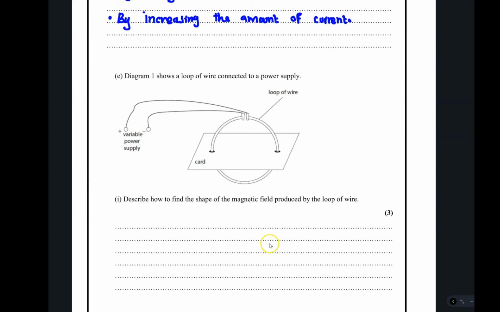The easiest way to describe the magnetic fields formed around this piece of wire or loop of wire is by using iron filings. We are going to sprinkle iron filings on the cardboard. Now, once we have sprinkled these iron filings, we are going to tap the cardboard.